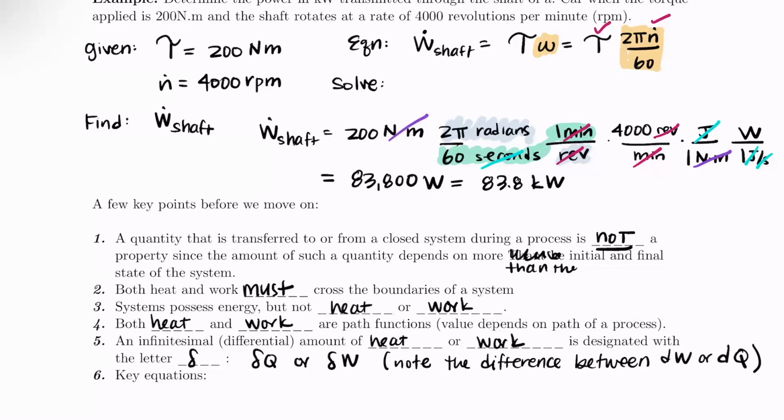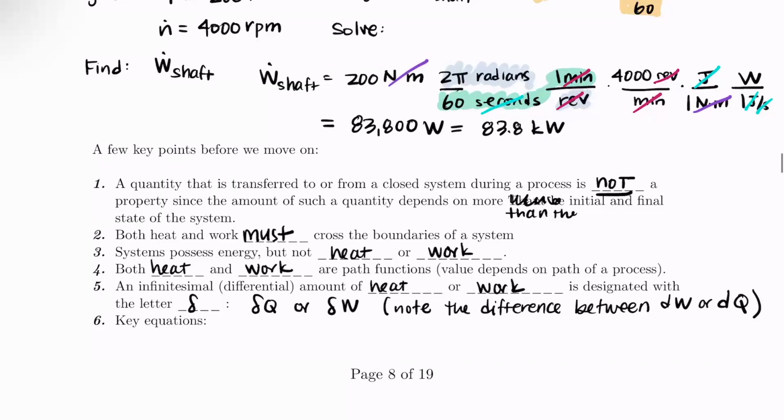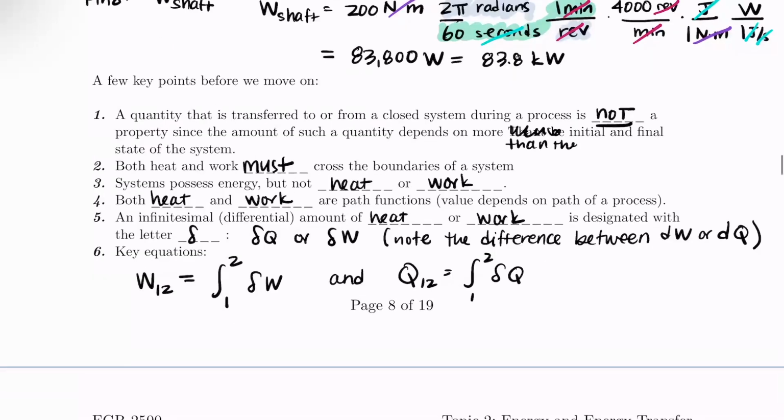All right. And then the key equations that we talked about is that the work done between a process that goes from state 1 to state 2 is equal to the integral from state 1 to state 2 of delta W. And we also have that Q12 is equal to the integral from state 1 to state 2 of delta Q. So this is important.